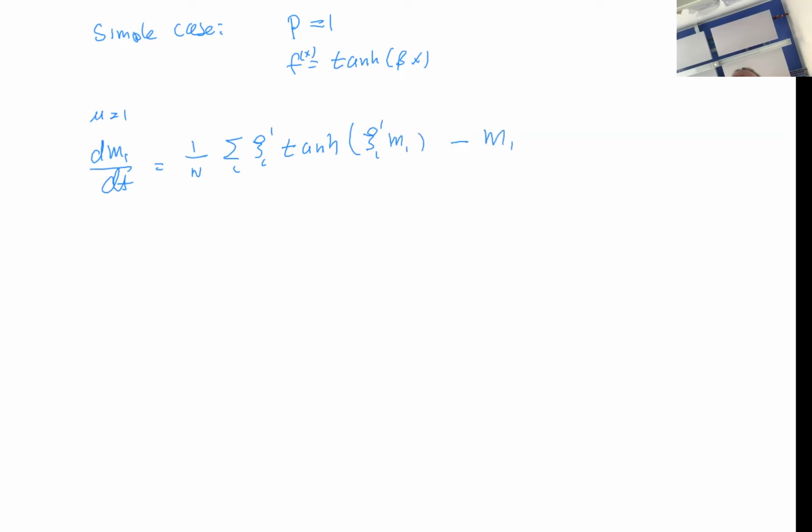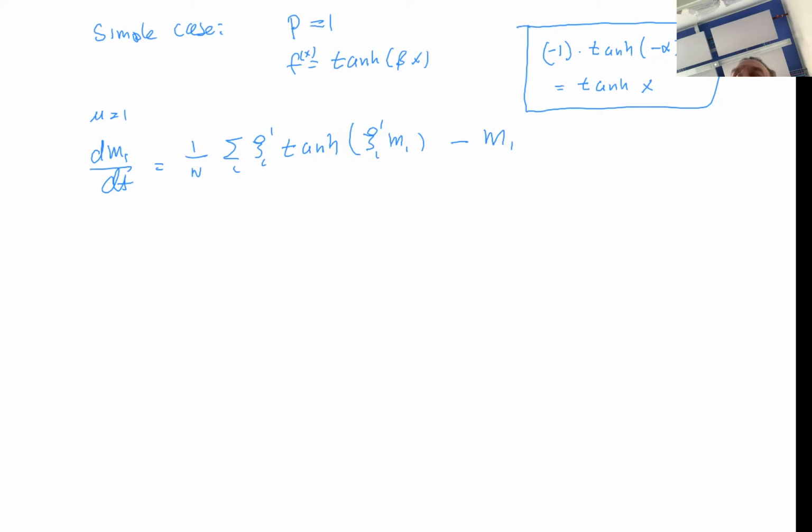Okay, and the nice thing about tanh is it's an odd function. So minus 1 times tanh minus x equals tanh x. We don't have to do that, but it's more complicated if we don't.